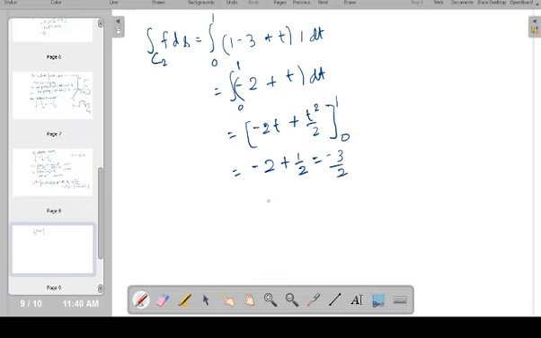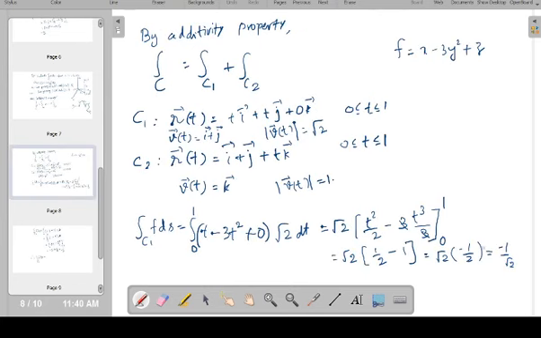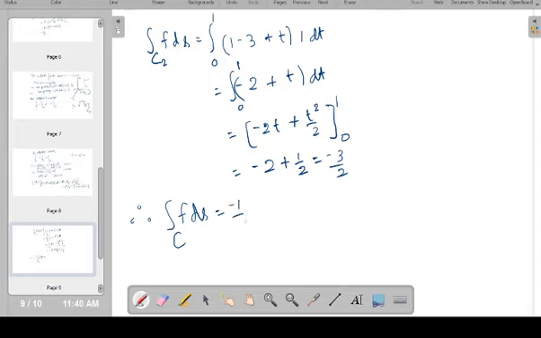Therefore, integral over C, C means C1 union C2, f ds, which is equal to the first value was minus 1 by root 2, integral over C1 f ds is minus 1 by root 2, minus 1 by root 2 minus 3 by 2. So this is the answer.